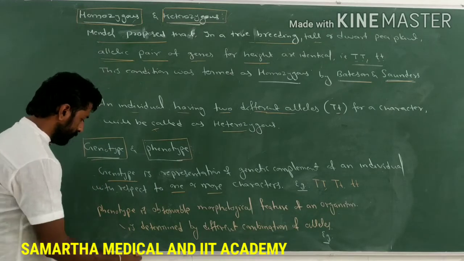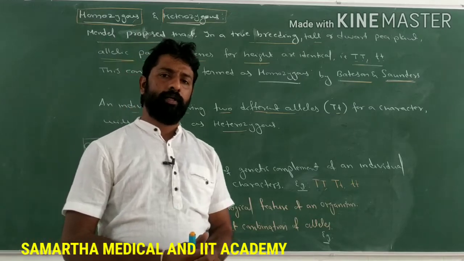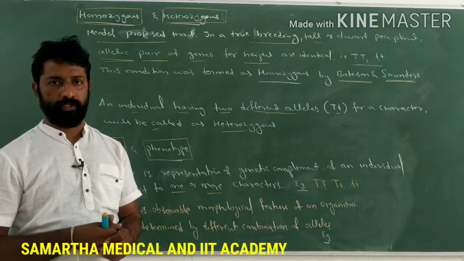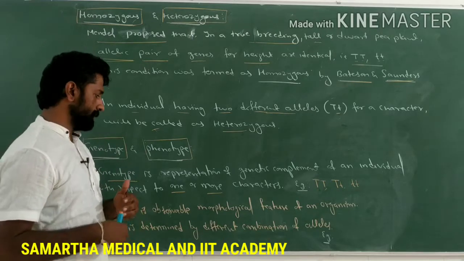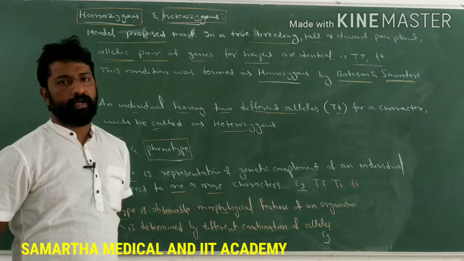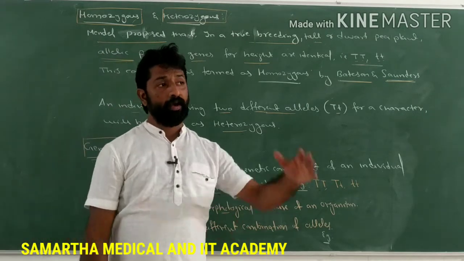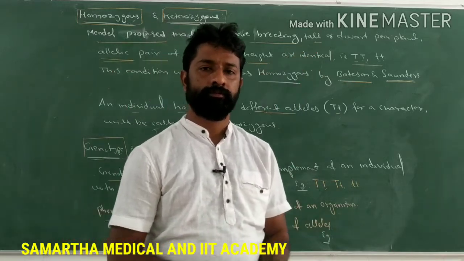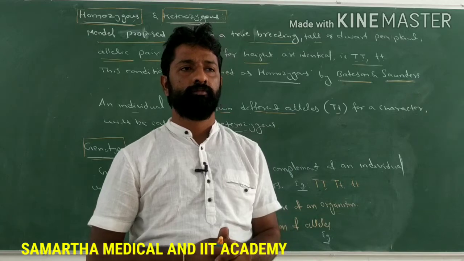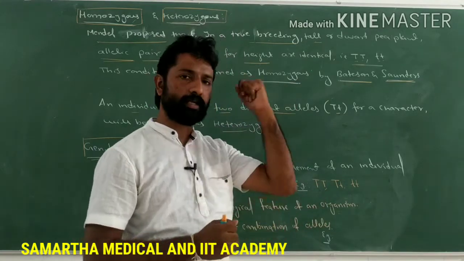Similarly, what is phenotype then? Phenotype is nothing but the observable feature of an individual, or the observable morphological feature of an organism. Say for example, her hairs are long, he is fair, his eyes are blue, his hairs are curly.